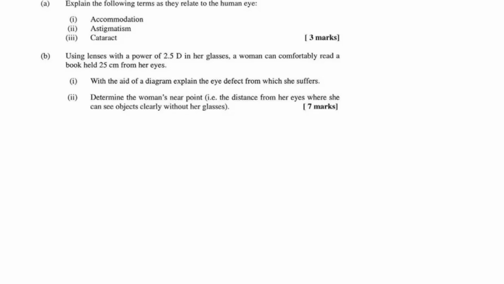So does she have long-sightedness? Why do you say she has long-sightedness? Because it says that she needs a lens so that she's able to read something. Oh wait, not from her eyes.